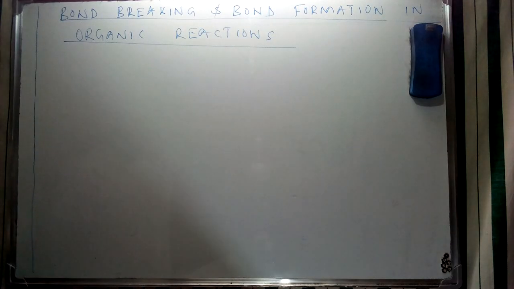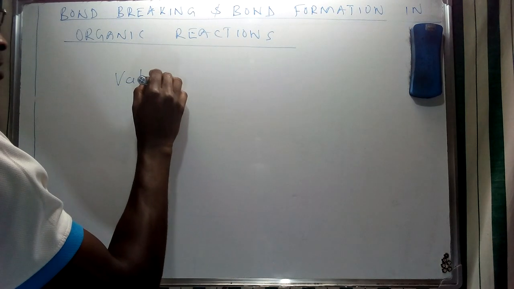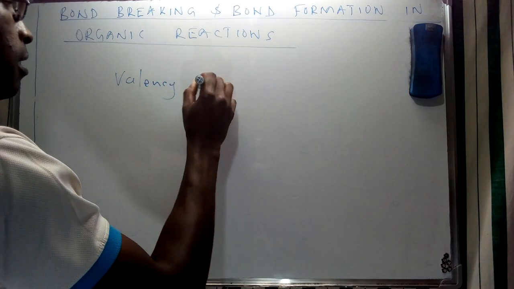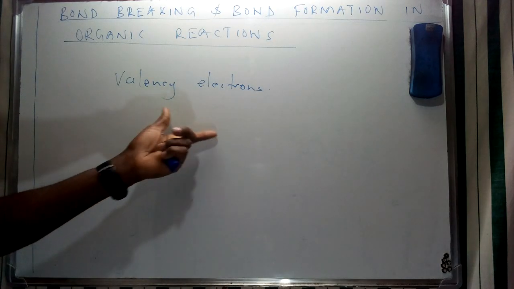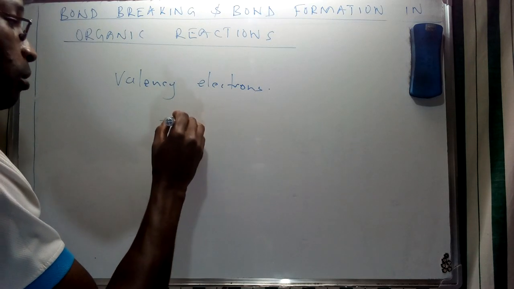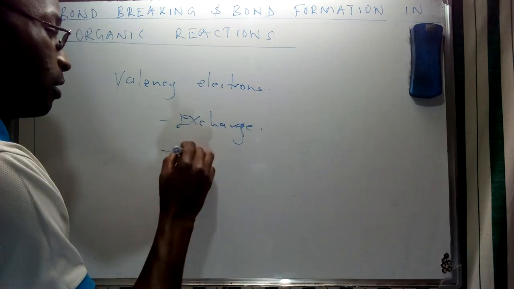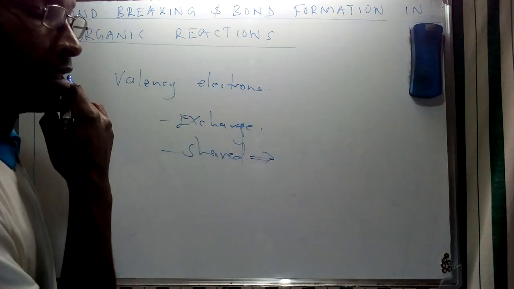Now, earlier on, we had looked at the concept of valence electrons. This section of an atom is what is involved in chemical reactions through the exchange of electrons, and in some parts we're going to see that there's going to be a sharing of electrons, especially in organic compounds, which we had spoken about in our introduction to organic chemistry.